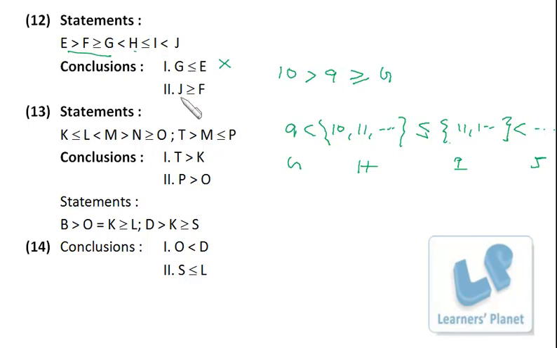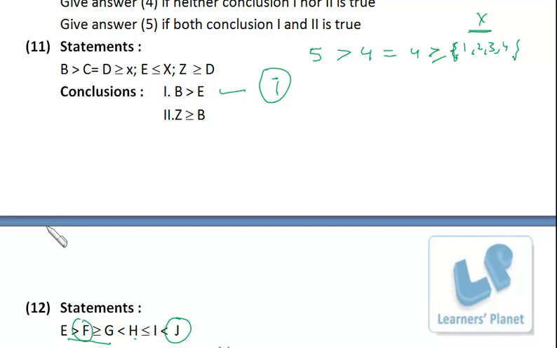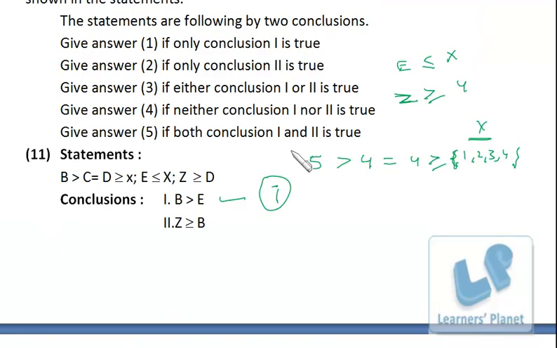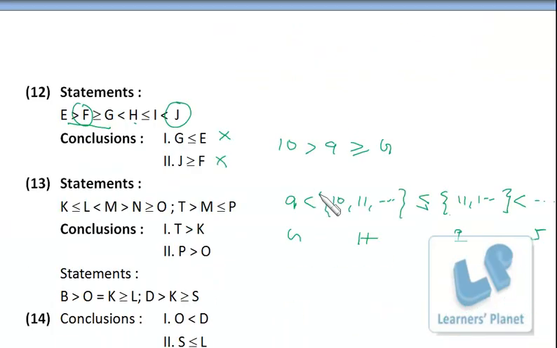So we cannot make a direct comparison between J and F. Here is J, here is F, one on the left hand side, one on the right hand side, both open-ended. So direct comparison is not possible, and even this conclusion cannot be drawn. So our answer is that neither conclusion 1 nor 2 is true.